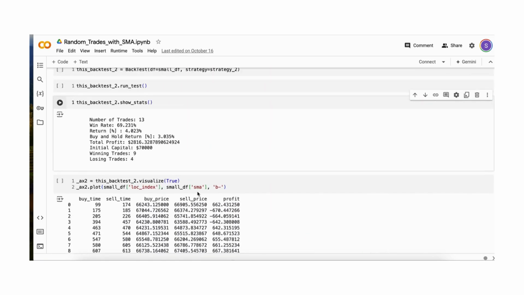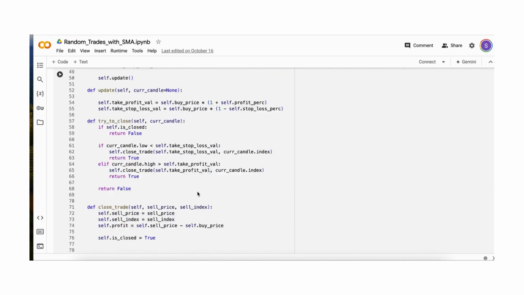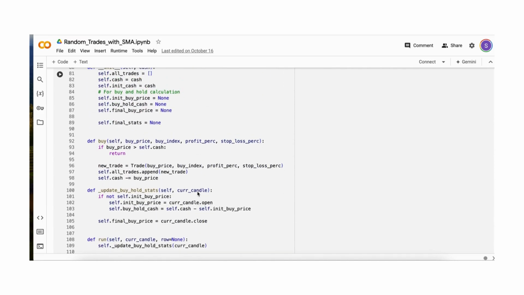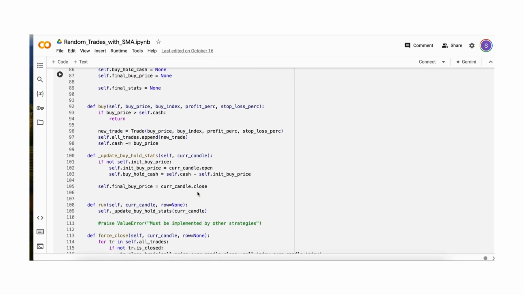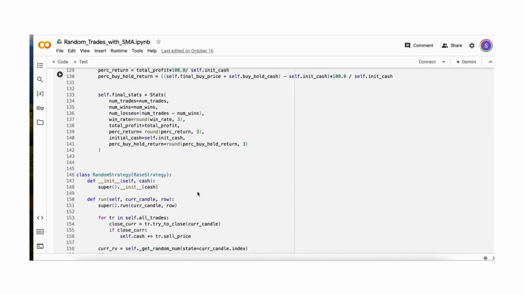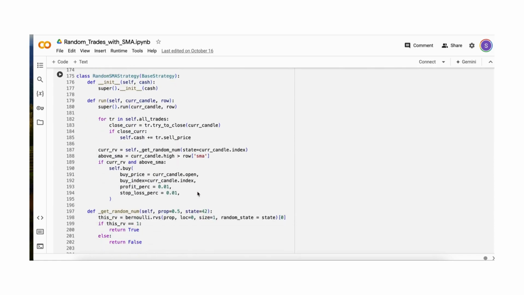So let's go up and discuss how we decided the entry and look at the code. I'll briefly describe the backtesting library, and you can look up the video which talks about how to code up the backtesting library.